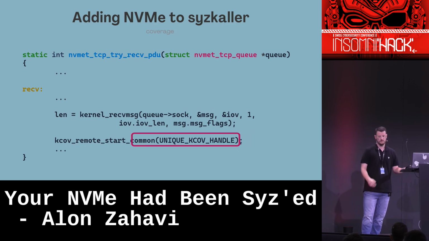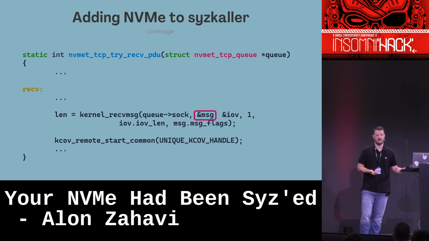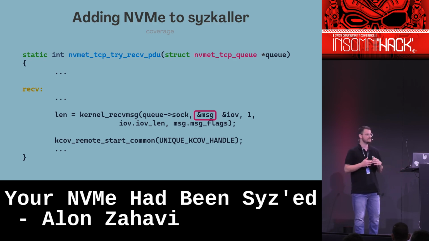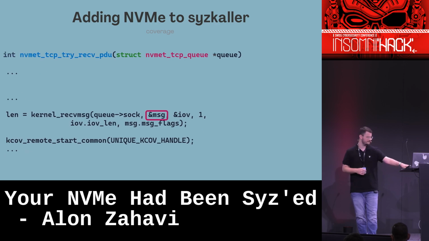But of course, we still don't have the unique kcov handle from the original task_struct. For that, we chose to use the msghdr struct. Again, the message header is the struct into which the packet data will be copied. So we decided to maybe send the kcov handle itself throughout the TCP packet too.